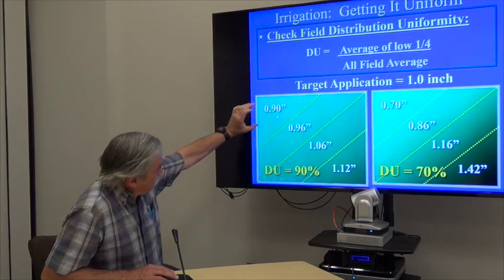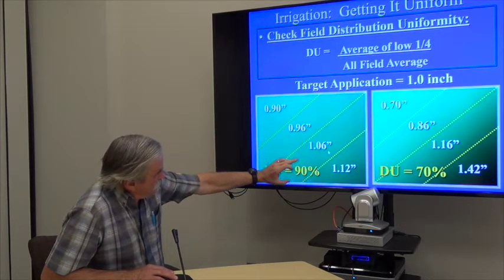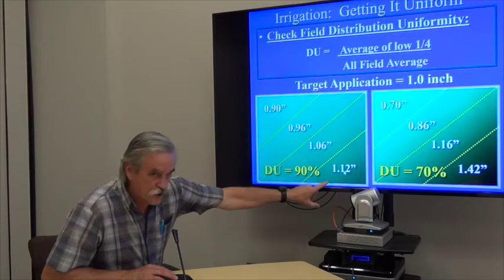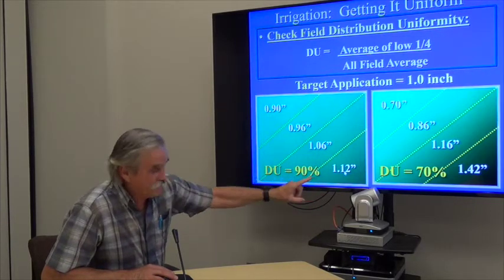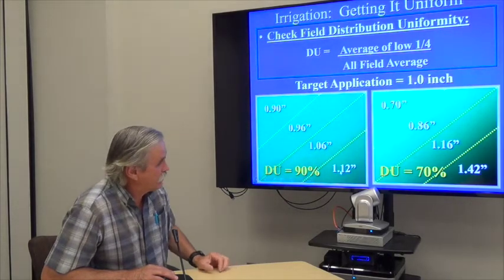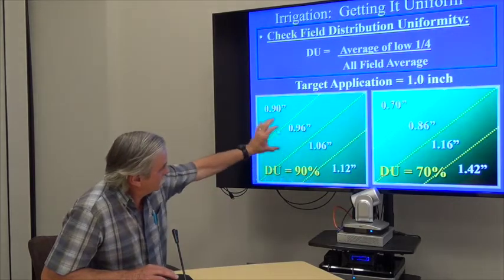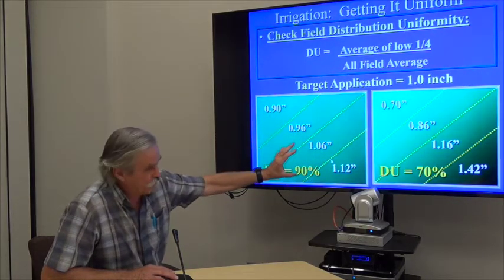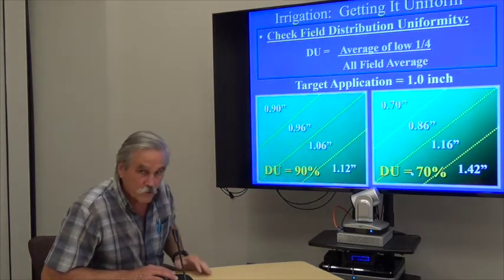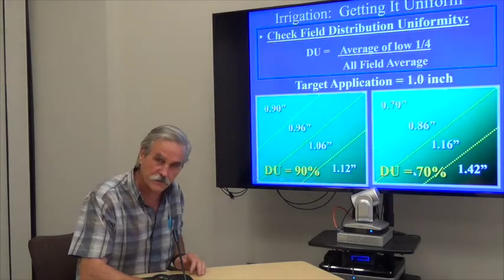So dry quarter, 0.9 inches, but you have a 22% difference from the wet quarter. From the wetter part of that field, it's getting 1.12 inches. Still though, you're kind of within 10% of the average, pretty good. If you go to a 70% DU, which actually used to be considered excellent for flood.